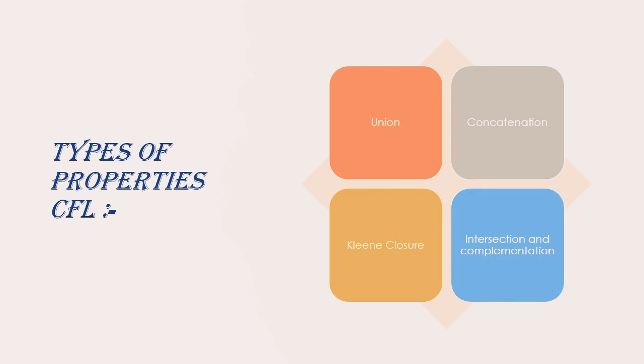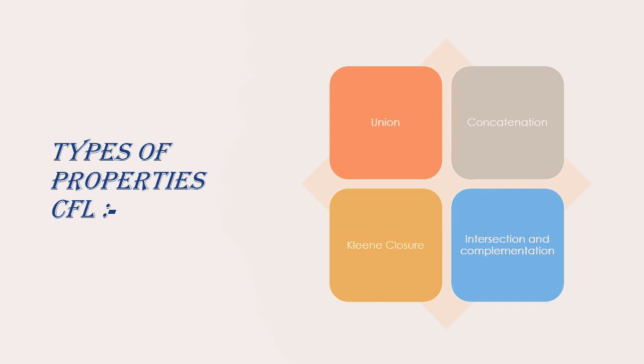Intersection is not closed under context-free languages. If L1 and L2 are two context-free languages, their intersection L1 intersection L2 need not be context-free. For example, L1 equal to some language, L2 equal to some language, L3 equal to L1 intersection L2.